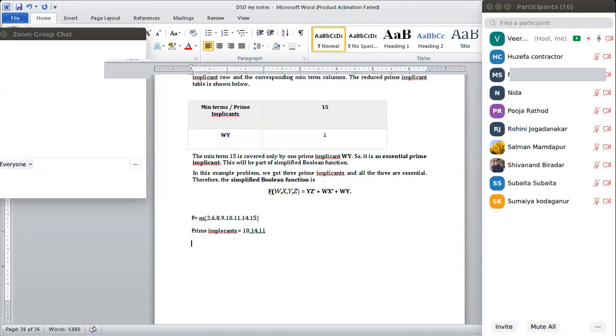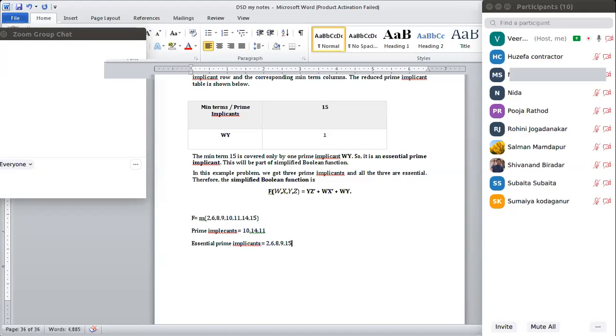Whereas, which are essential prime implicants? They are 2, 6, 8, 9, and 15.